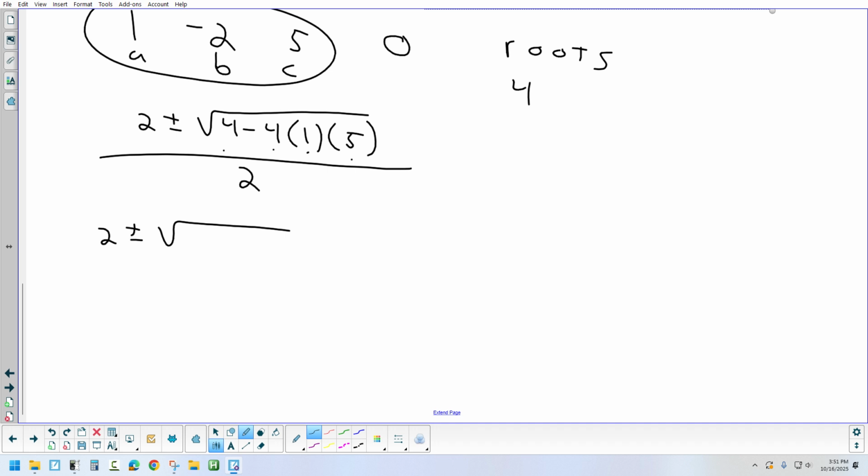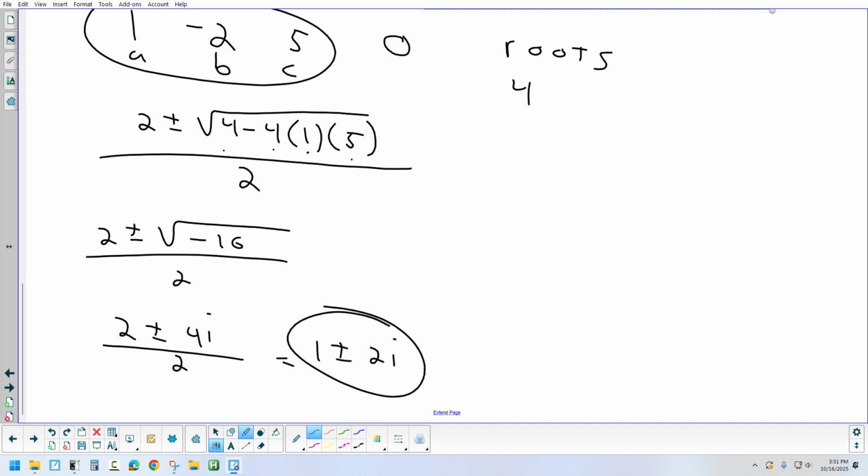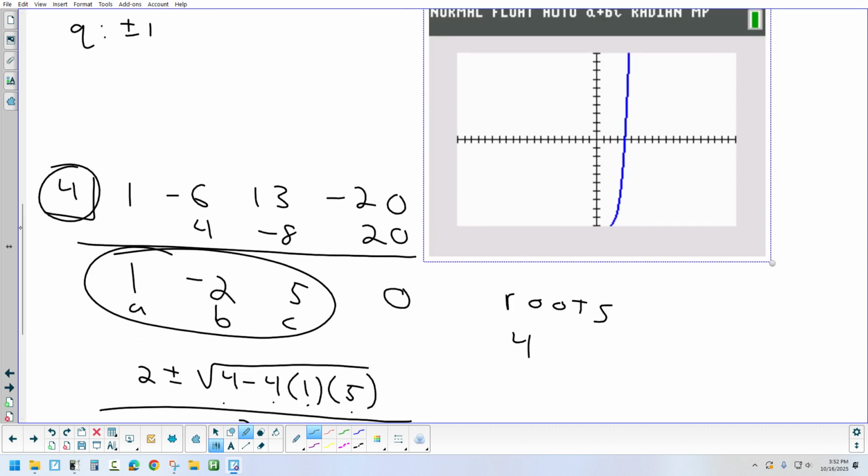And 4 minus 20 gives me -16. 2 plus or minus, what's the square root of -16? 4i. And what do you get if you divide 2 plus or minus 4i by 2? 1 plus or minus 2i, and 4 are my roots.